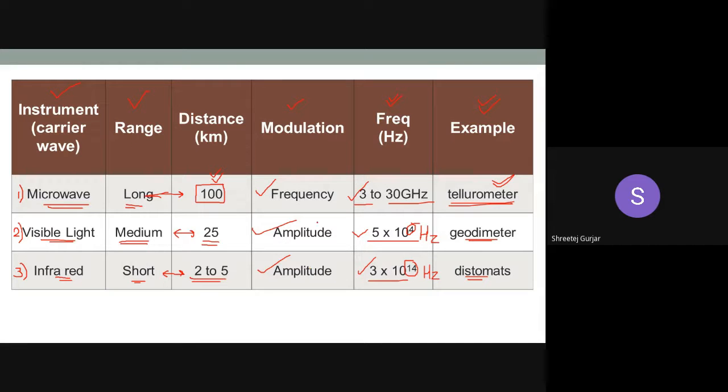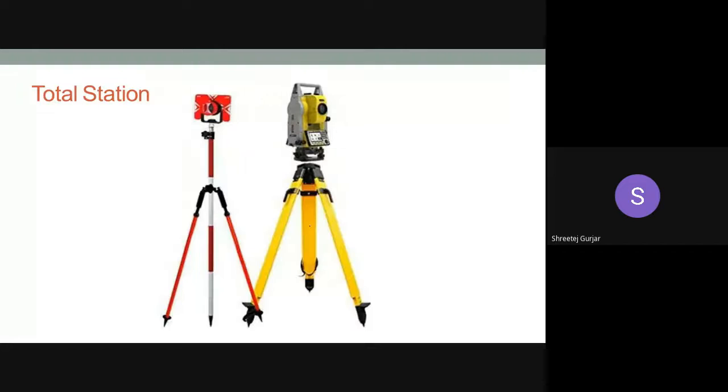Okay, moving on to the next part. Very important, total station. We have learned about the total station in your previous semester also, so I hope you remember a few things from that class. Can anyone tell me whether anyone knows how to use a total station?